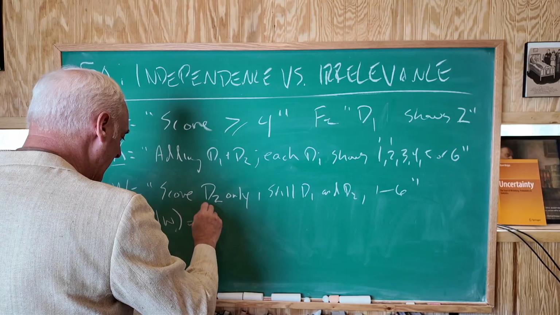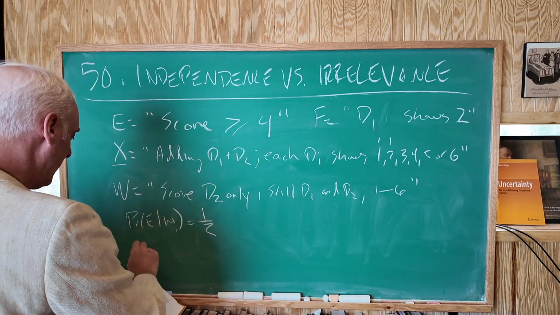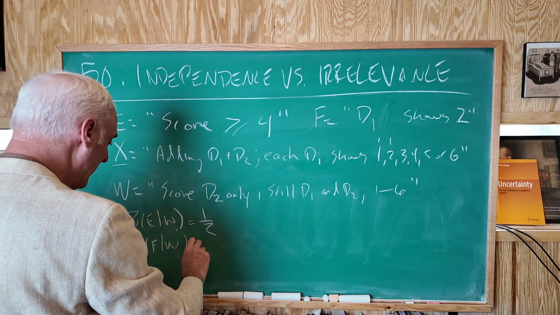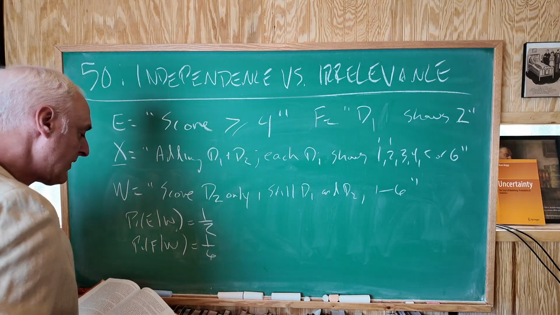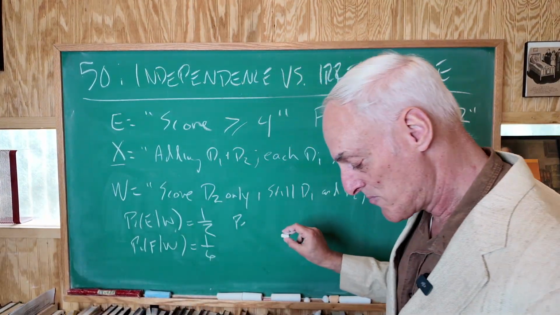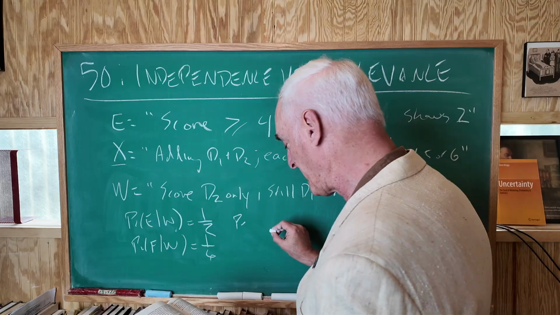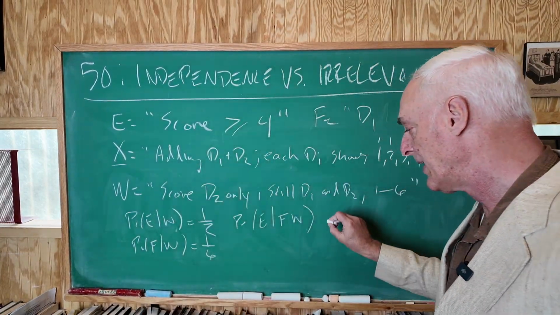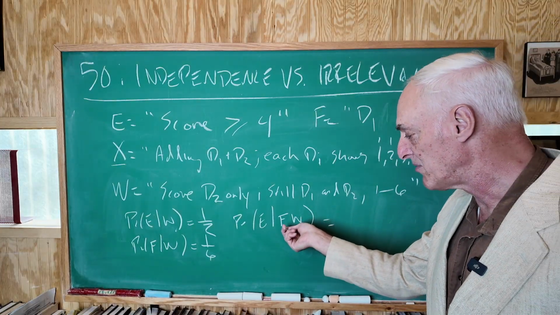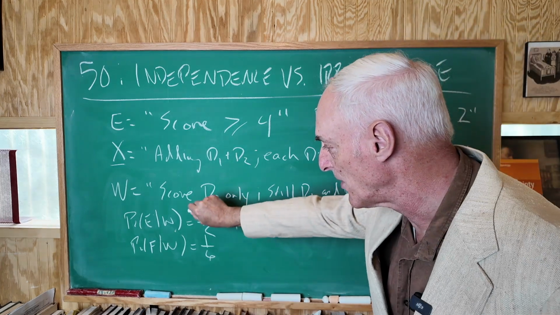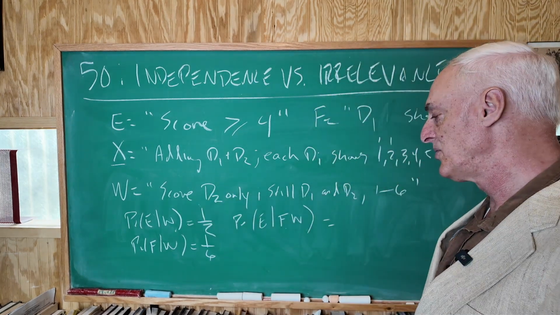So that's half, right? The probability of F given W, device 1 shows a 2, that's 1/6, right? Okay, the probability of E given F and W is now, well, this is F. F says device 1 shows a 2, but the score is only going to be device 2 only.